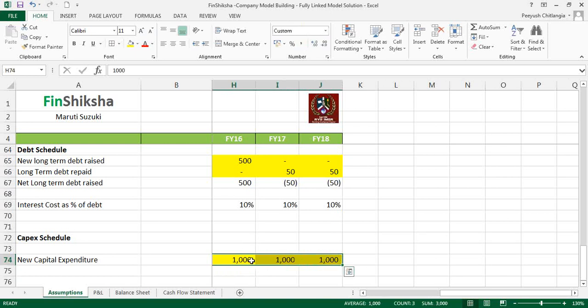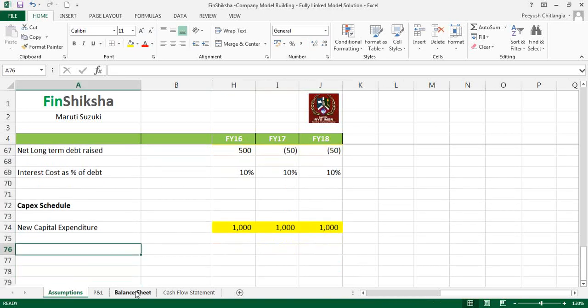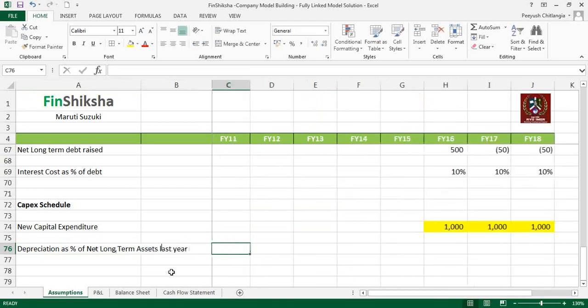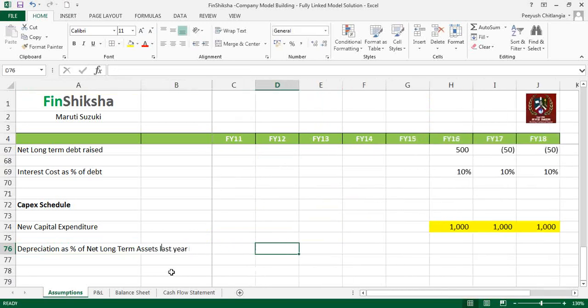Now, when this happens, automatically you have to ensure that your depreciation calculations as percentage of net long-term assets last year. I have to calculate what is the depreciation percentage as a percentage of assets as last year, right?